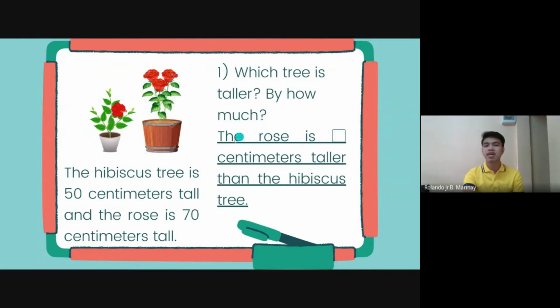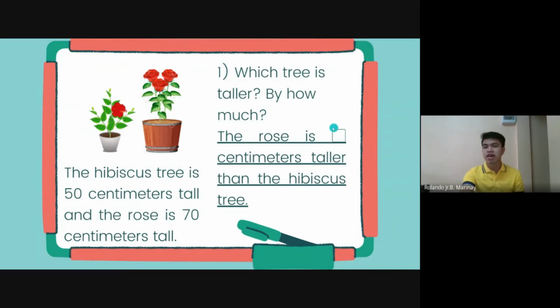Here we can write that the rose is blank centimeters taller than the hibiscus plant. How are we going to find out how much taller it is? We can use subtraction. So we can do 70 minus 50, and 70 minus 50 is equal to 20.